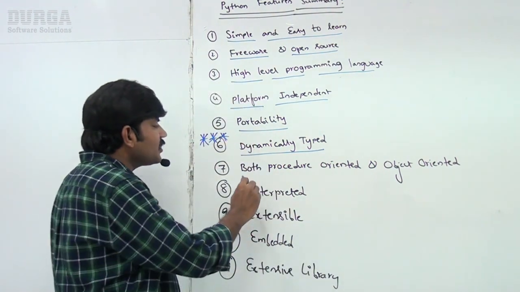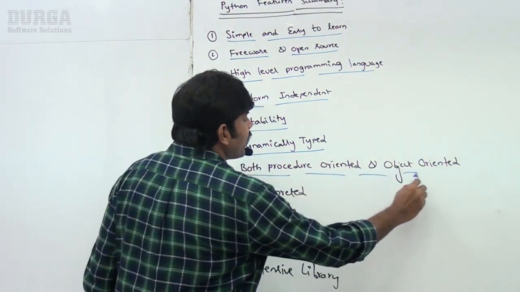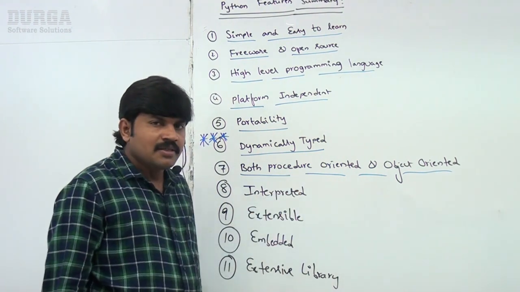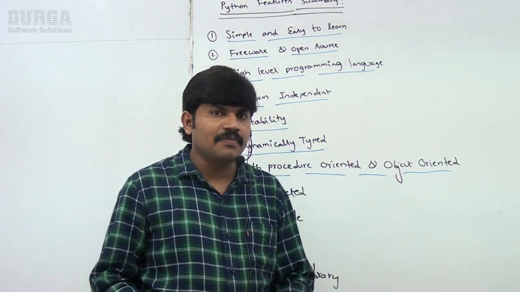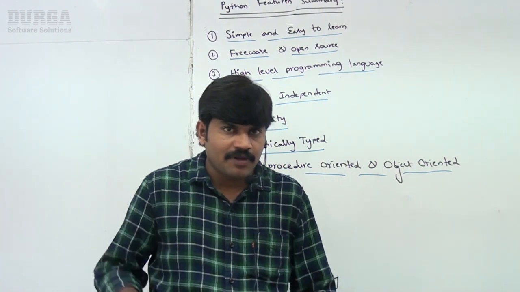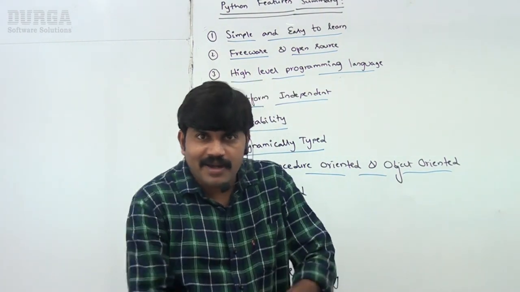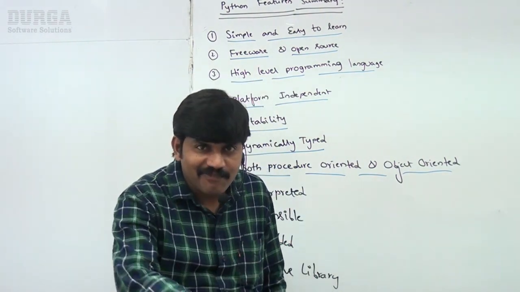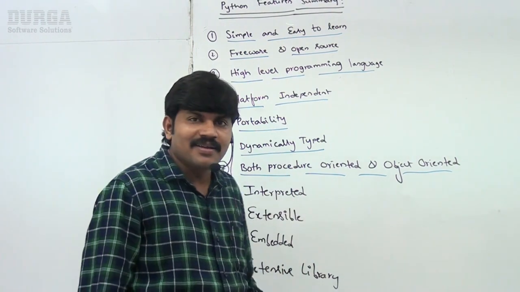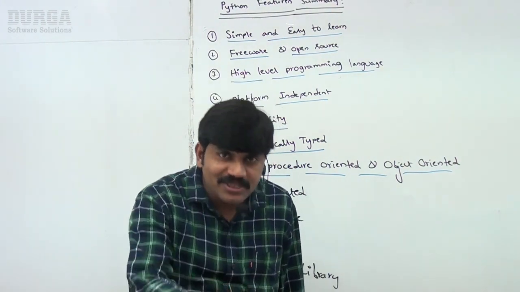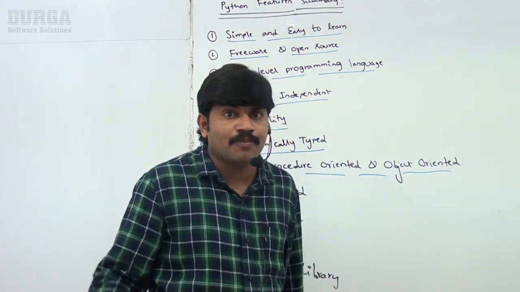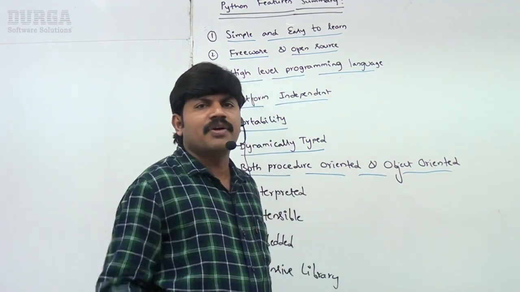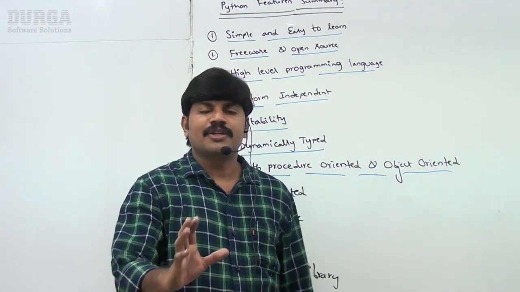Next, both procedure oriented and object oriented, sir. You know Python is an all rounder. He can perform keeping, he can perform bowling, he can perform batting also. In the same way, Python is object oriented, procedure oriented, even a scripting language, a modular programming language, based on your requirement. In any style you can use Python.